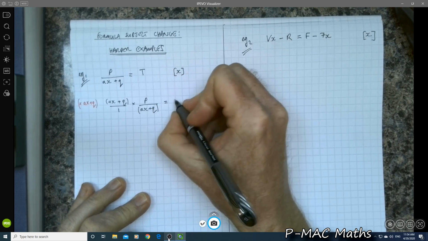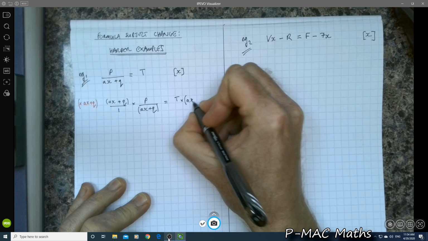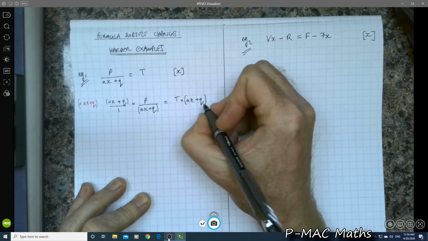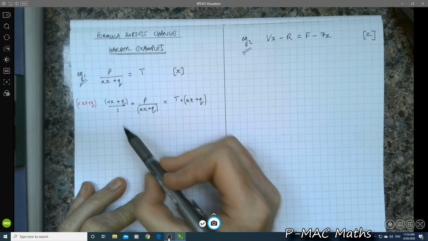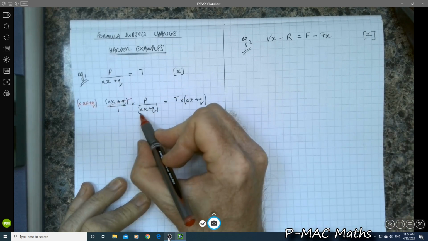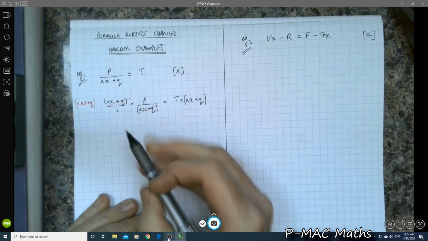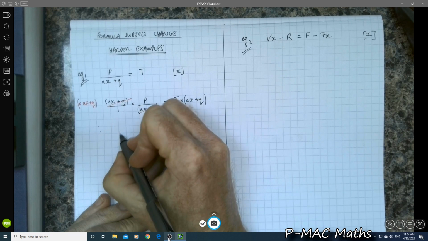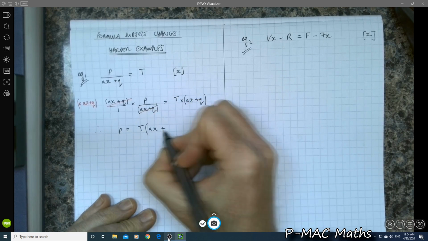And then on the right hand side we're also multiplying t by ax plus q. And then on the left hand side what happens is that these two brackets now cancel each other out. And so effectively what I have is p is equal to t lots of ax plus q.